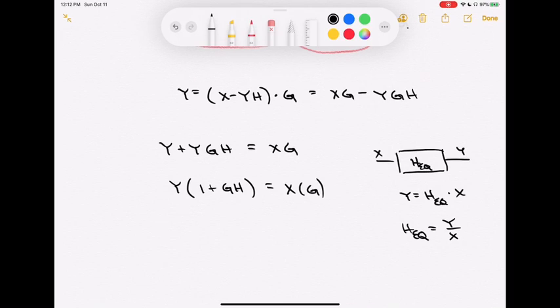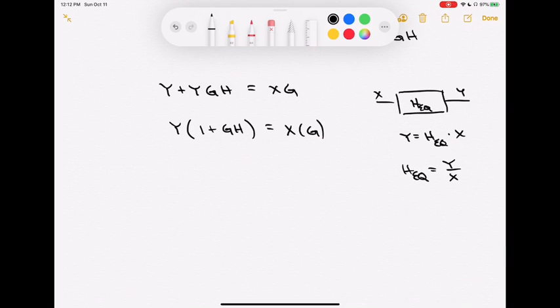So coming back to this expression that I've been working with, I've got some y's and some stuff and an x and some stuff. If I divide both sides by x, and then divide everything by 1 plus gh, what I can get is y over x, which I know is h equivalent, and that is going to be equal to, in this case, g over 1 plus gh.